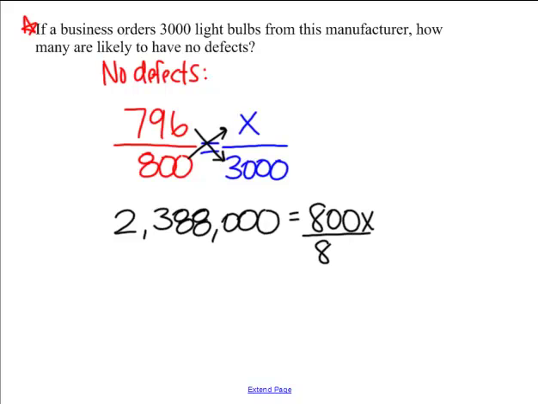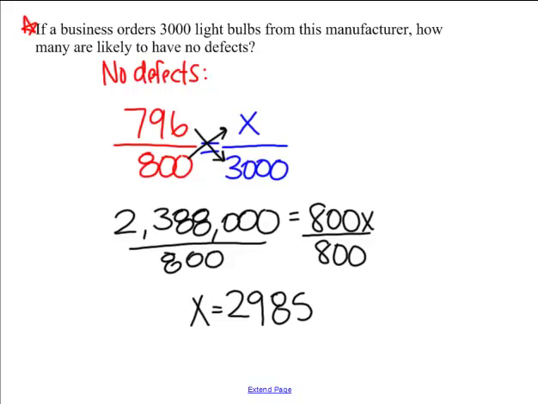So if we divide both sides by 800, makes our number a little smaller. We get that x equals 2,985. So if our probability holds true, we can make a prediction that if somebody buys 3,000 light bulbs, 2,985 of them are going to have no defects.